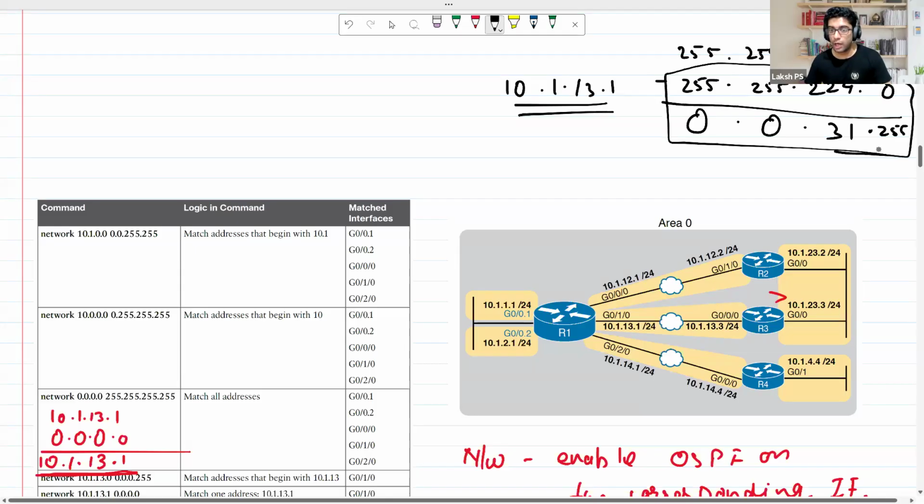You do not have to worry about how OSPF is going to calculate. All you need to understand is finding out the wildcard mask and how the network command is helping OSPF send the hello messages and enabling them on the required interface. I hope with this explanation, the network command is clear.